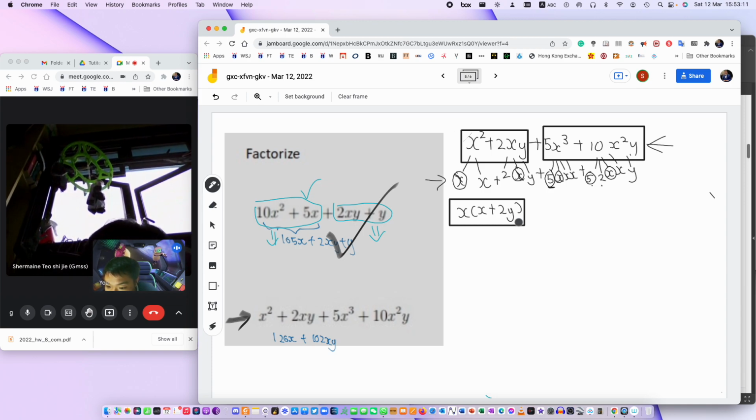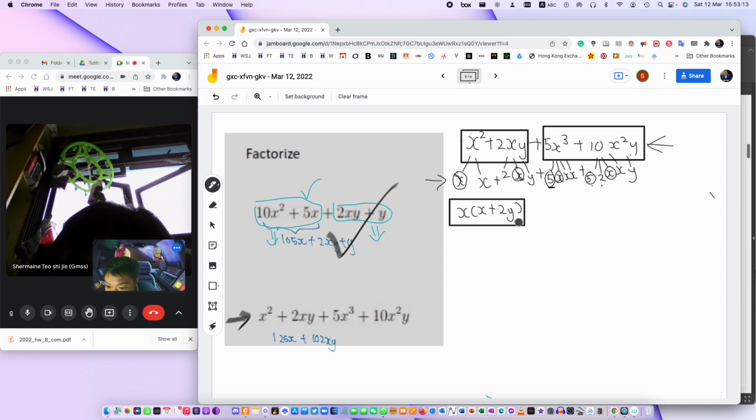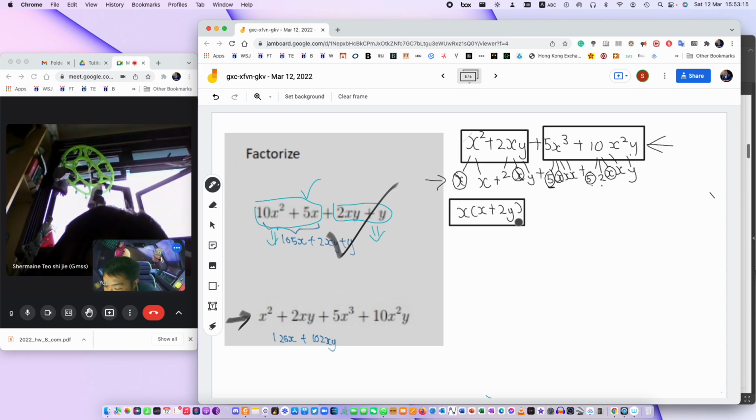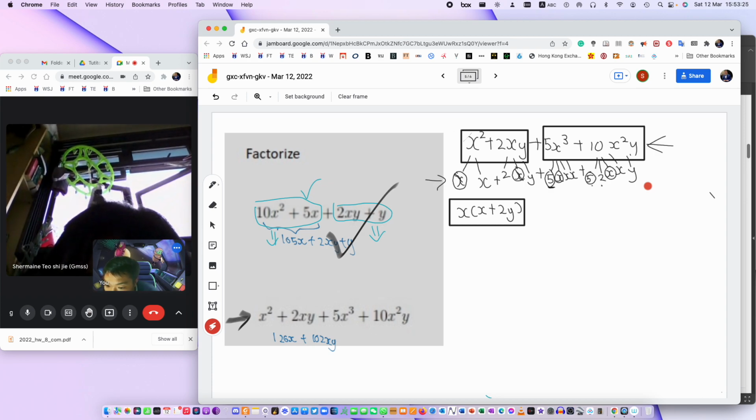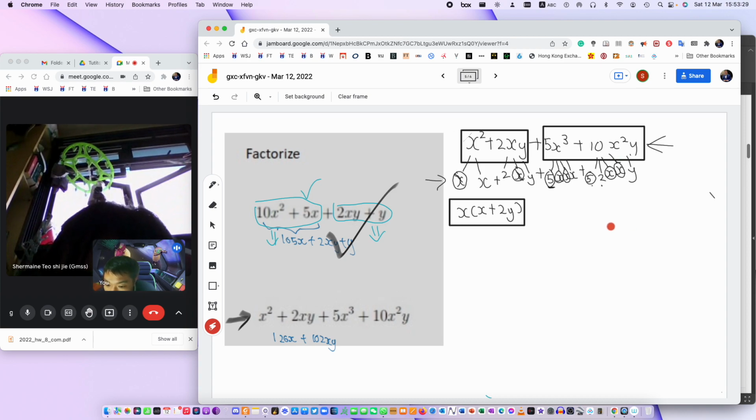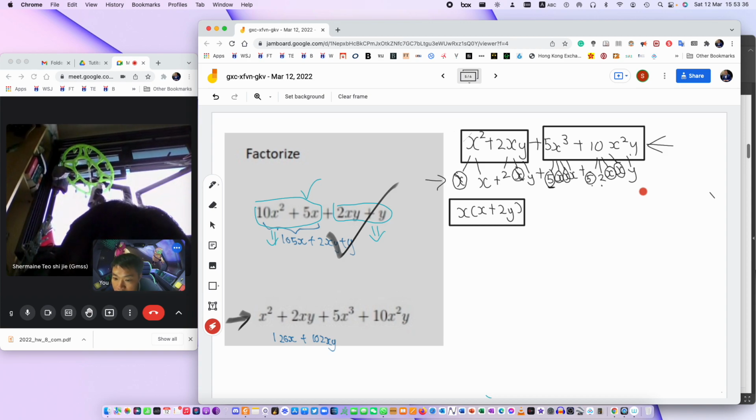You compare? That's all? You still have XX, you still have XY, that's all? Yes. That's all? X and 2Y? Yes, that's all. That's how you decide when you stop. Take out common.